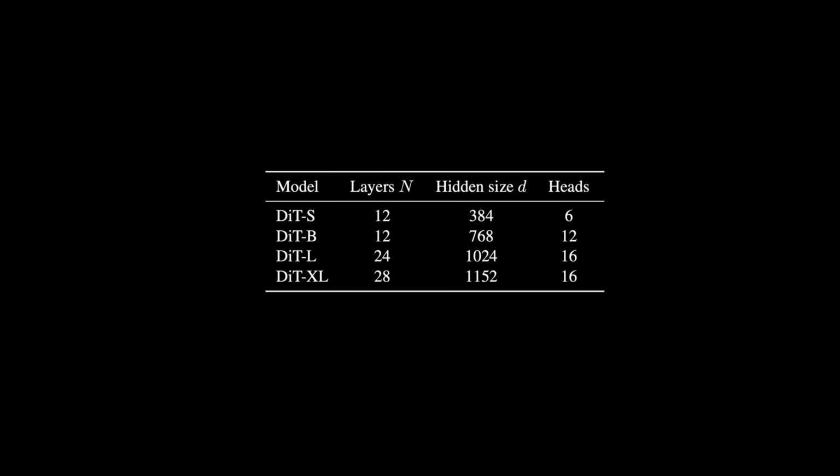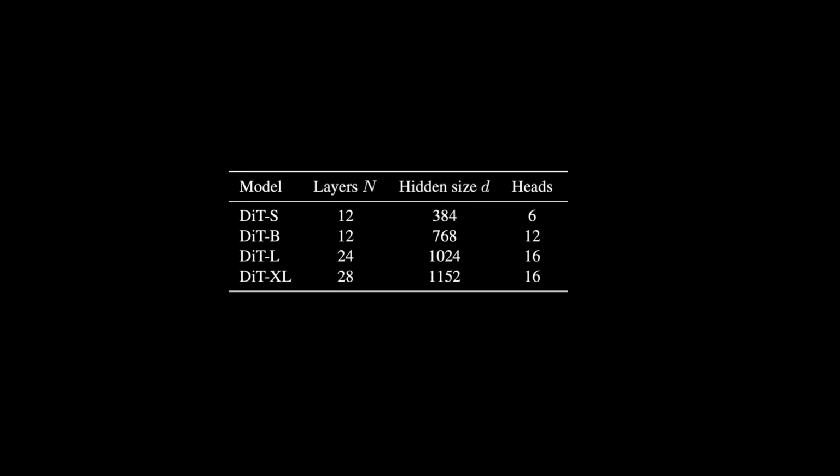For their experiments, the authors built 4 different configurations of the model, scaling from the smallest DIT model, which is a 12-layer transformer with a hidden size of 384, to the largest DIT model with 28 layers and a hidden dimension of 1152. Apart from the increase of scale by increasing the transformer depth or width, the authors also explore additional dimensionality of scale, that is the number of input tokens.